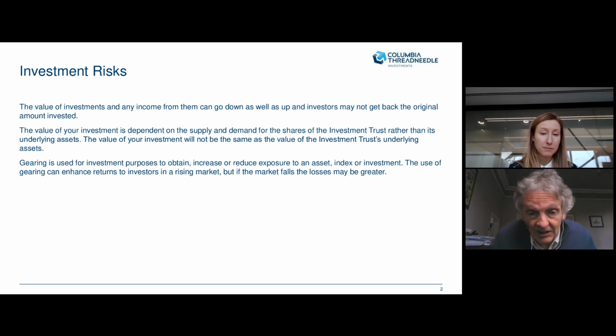And the idea is it will perform differently. The idea for me holding it is it will perform really differently from equity markets. So when equities went down significantly in 2023, the best performer, which was up 20%, was BH Macro.